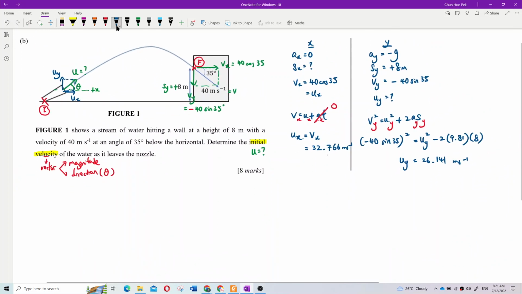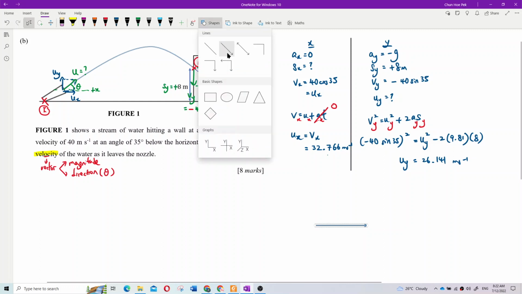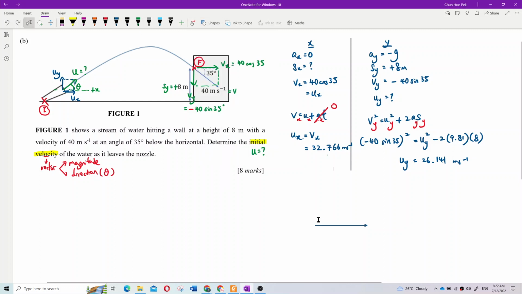So I got the ux and uy. My ux is 32.766, and uy is 26.141.